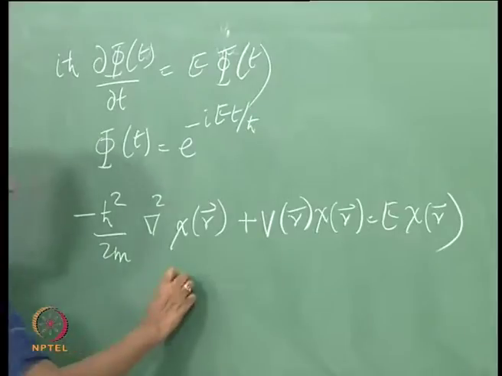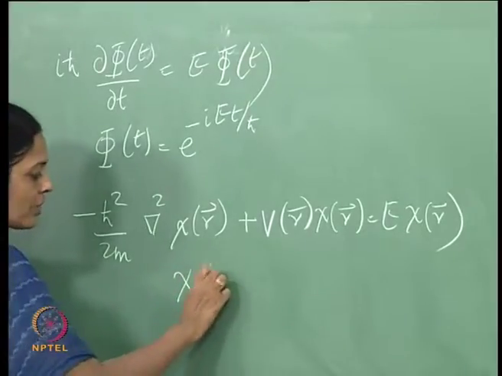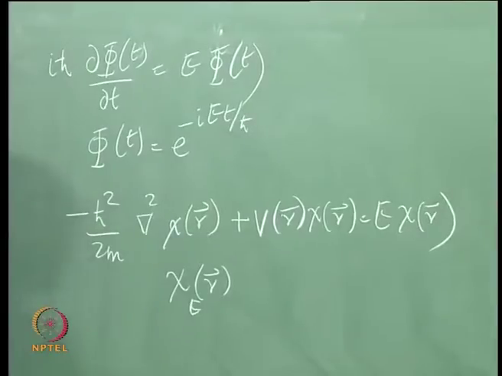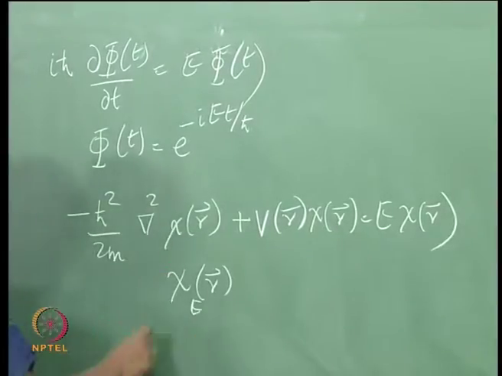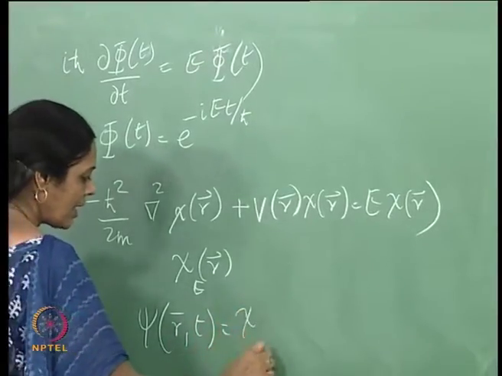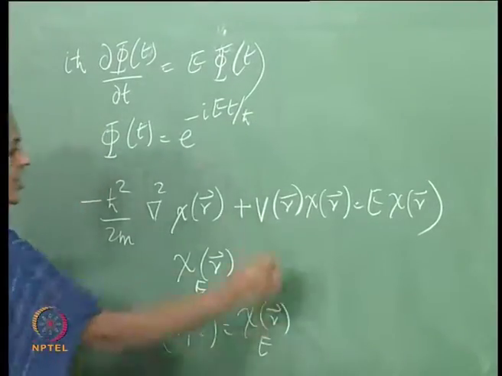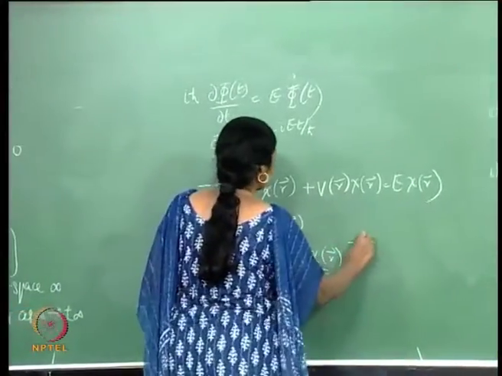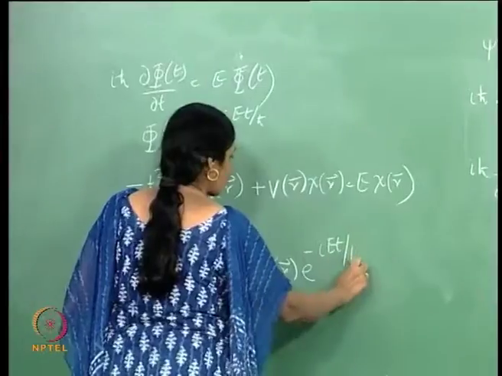So I should really be talking in terms of a χ(r) for a given value of E. And that is what we will have to solve for, given this equation. Therefore, the total wave function ψ(r,t) is some χ_E(r), which depends upon the value of the energy, times e^(-iEt/ħ).